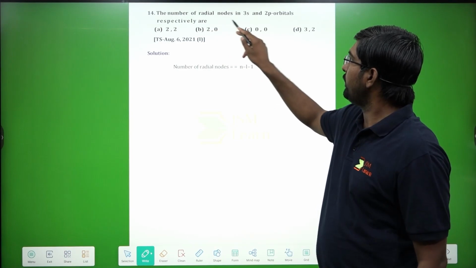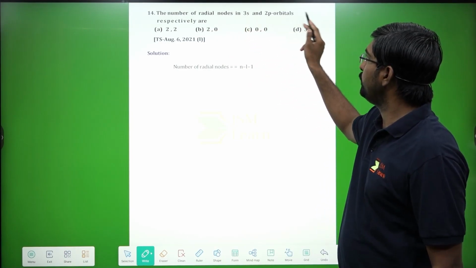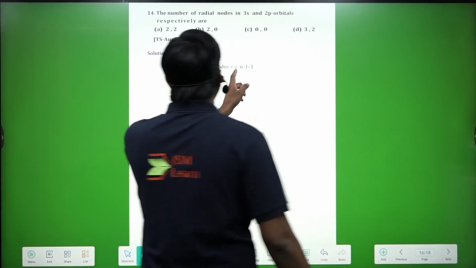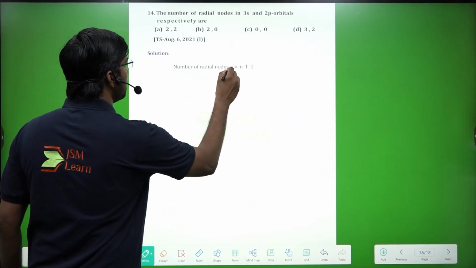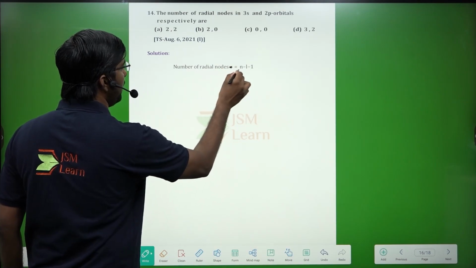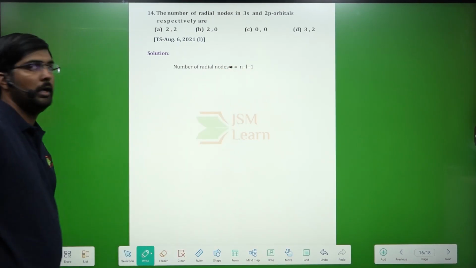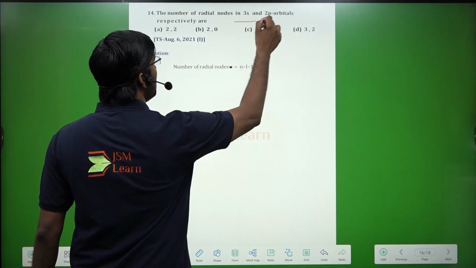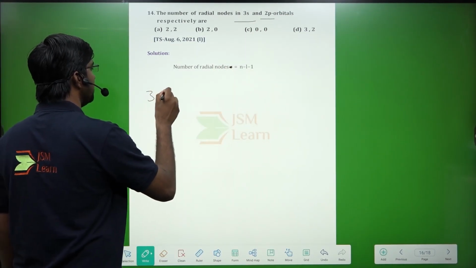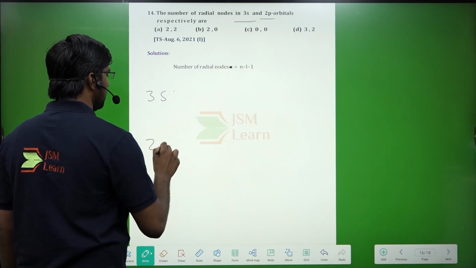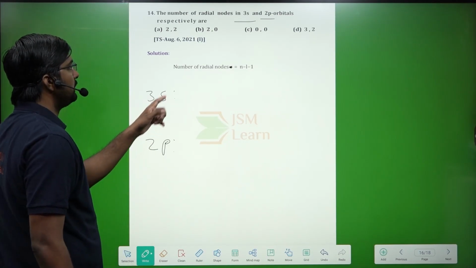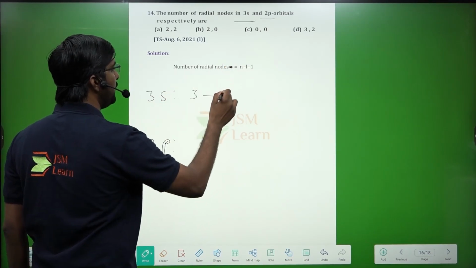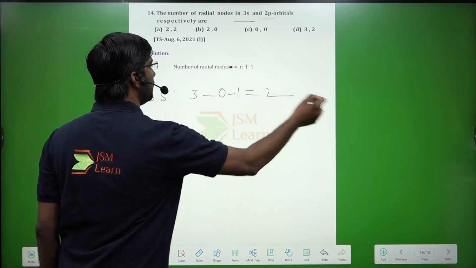Next, the number of radial nodes in 3s and 2p orbitals respectively are. See, again the formula is number of radial nodes equal to n minus L minus 1. So for 3s and 2p orbitals, for 3s, n is 3, for s orbital L equal to 0, minus 1, that equals 2.